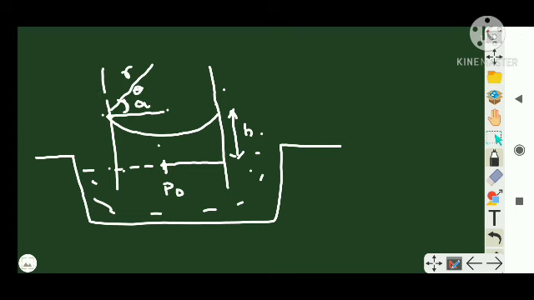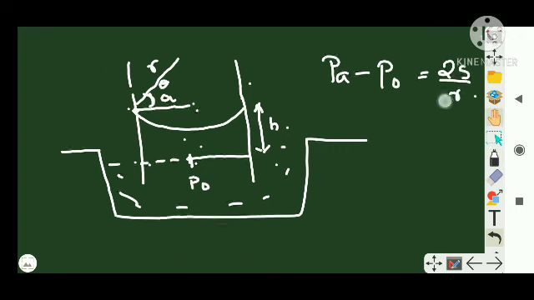In the water droplet case, the excess pressure is given by 2S by R. So the pressure difference between these two sides: atmospheric pressure is greater, so PA minus PO is equal to 2S by R.